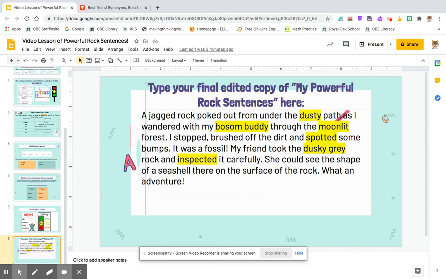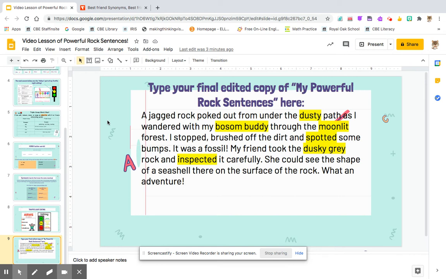And you'll notice that I highlighted this in yellow because I'm using the yellow part of my stoplight. So this is all of the adding and changing work, and I want to keep track of what I've been doing to my writing as I go.